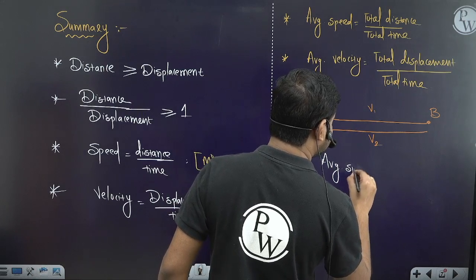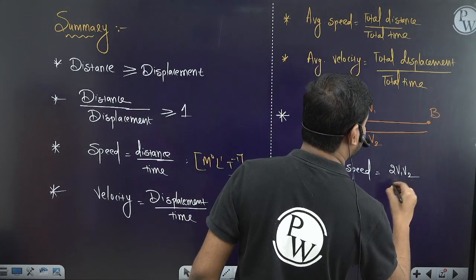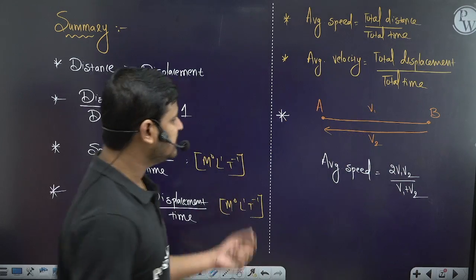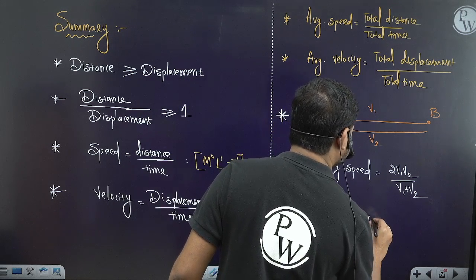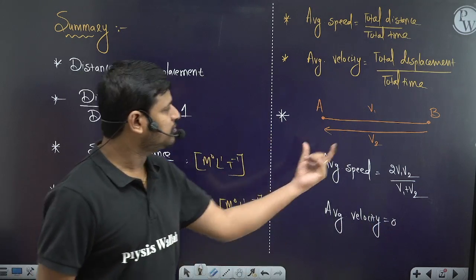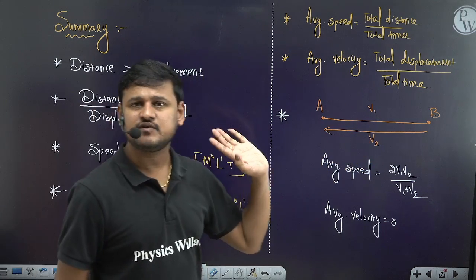The average speed is going to be 2 v1 v2 by v1 plus v2, yes or no? Whereas the average velocity is going to be 0, because the body is returning to the same point. Is this clear, everyone?